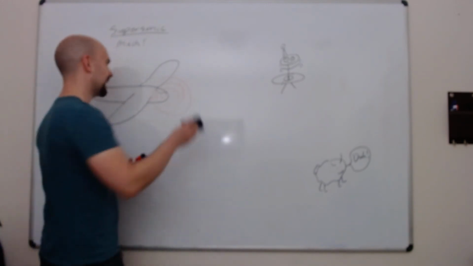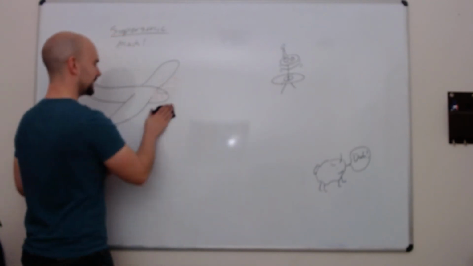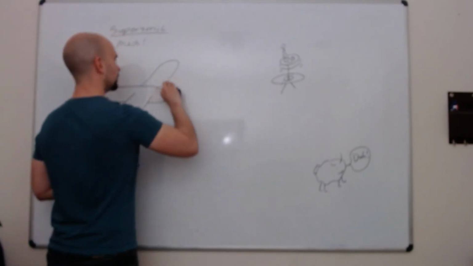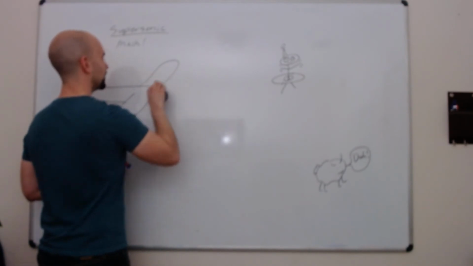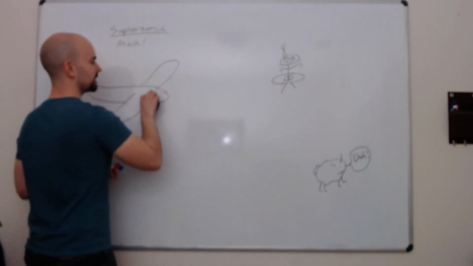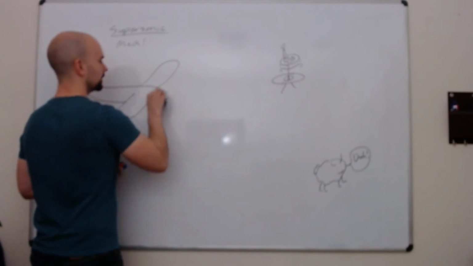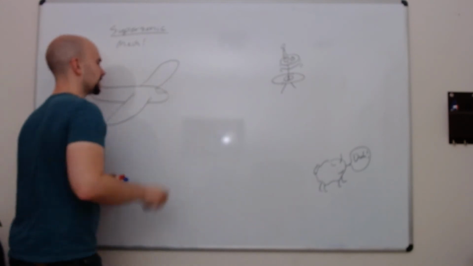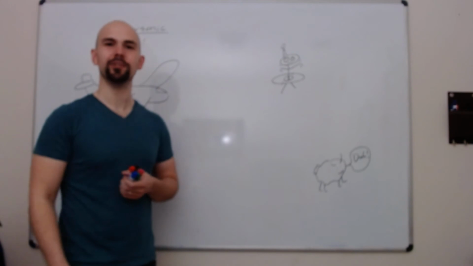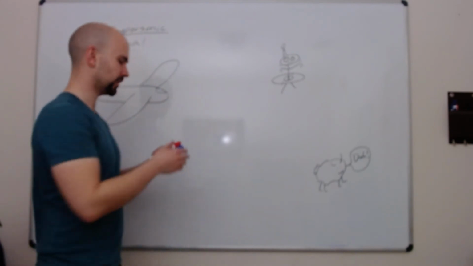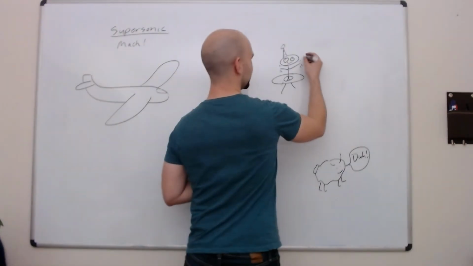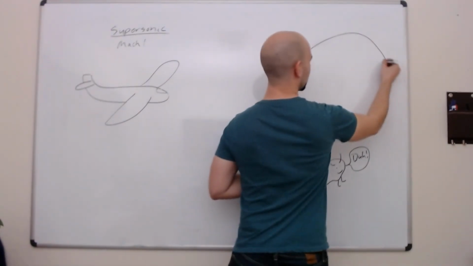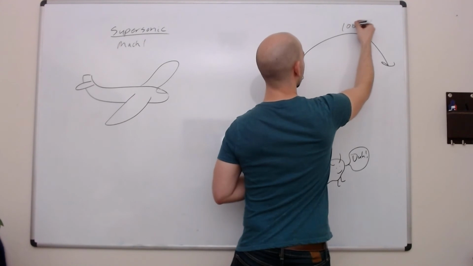But now we're going to add some velocity to that plane. If you were to throw a football and then run toward it, even if you didn't catch it, then there would be a shorter distance between you and the football than if you had simply stood still and thrown it. So for example, say this guy throws a football and it goes 100 yards.